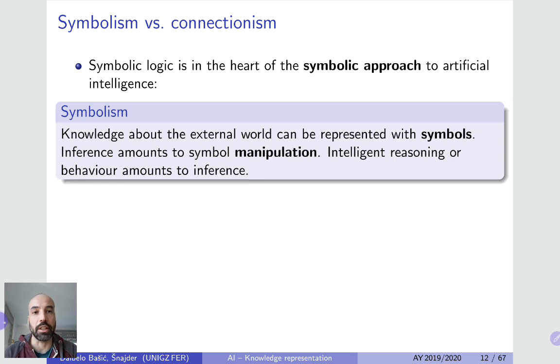So intelligent reasoning, according to the symbolist, amounts to inference. And as you can imagine, symbolic logic or formal logic is at the heart of the symbolic approach to AI. But there is an alternative.